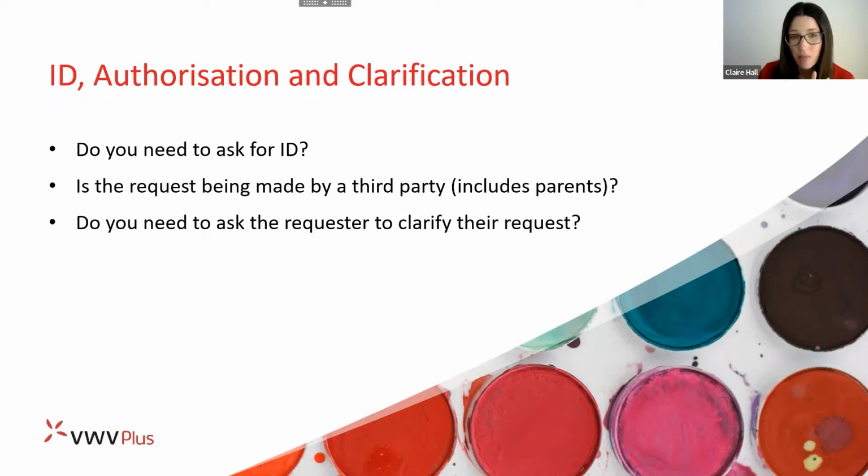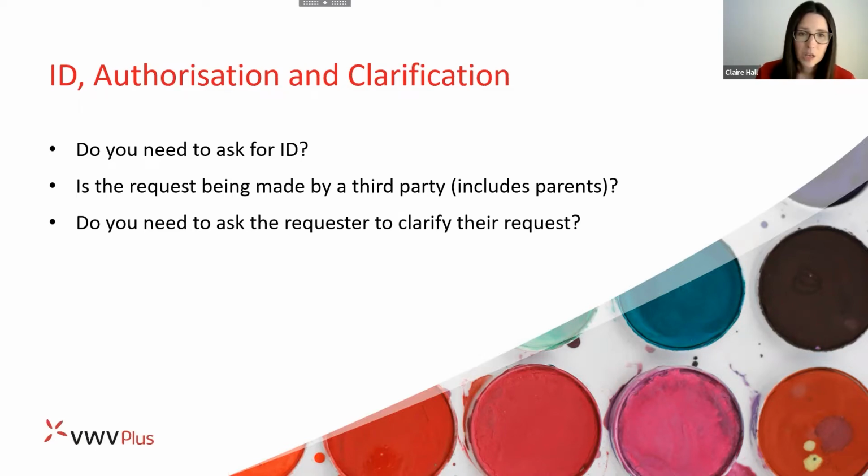And the first myth I wanted to bust on this slide is that you always have to ask for ID. You don't always have to ask for ID. You should only ask for ID if you need to. Now, need is a relatively low threshold because we're talking about information security here. So if you have any doubts at all that the request has come from the person who it's reporting to come from, yes, by all means, you should absolutely be taking measures to satisfy yourself the request is genuine.